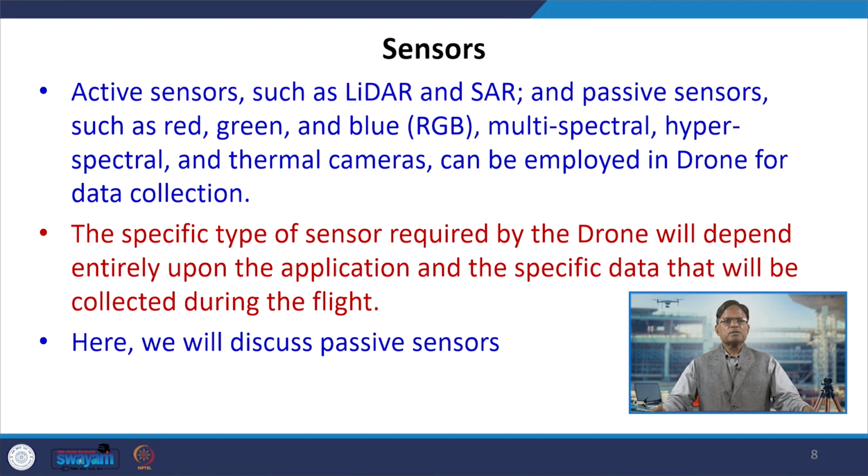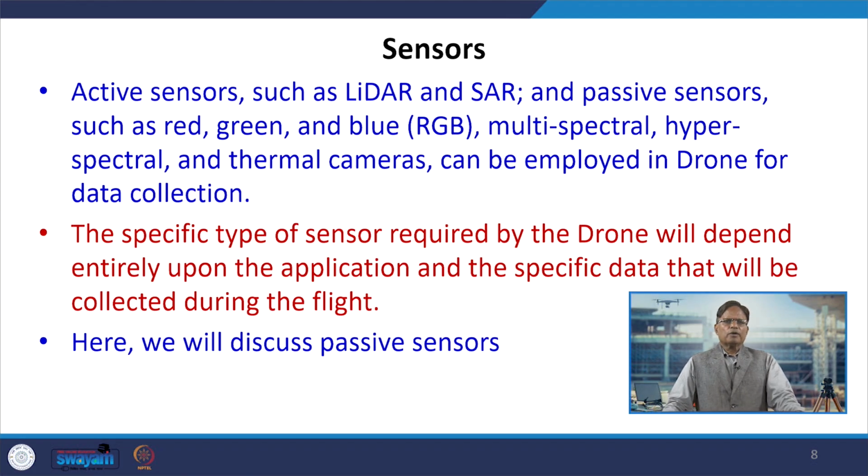The sensor systems which we are using in drone are of two broad categories: active sensors such as LiDAR and SAR, and passive sensors such as red, green and blue, multispectral, hyperspectral and thermal cameras. So, these are the two broad categories. The second category, which is active sensor, we will learn in the next lecture.